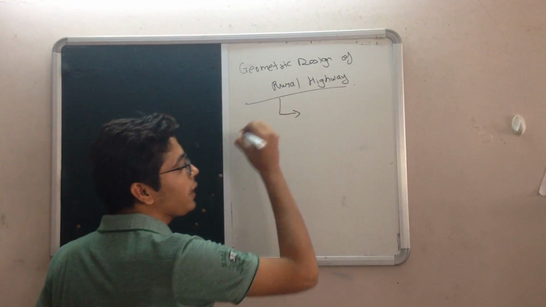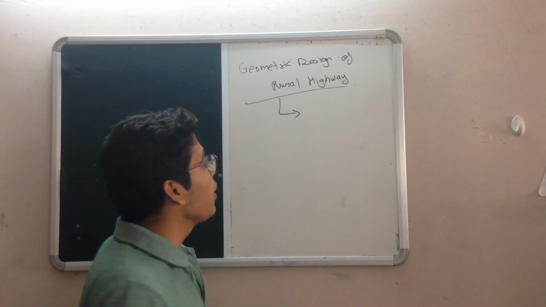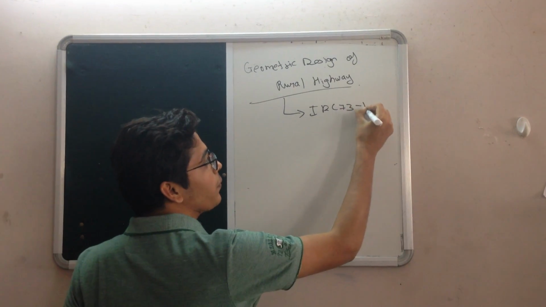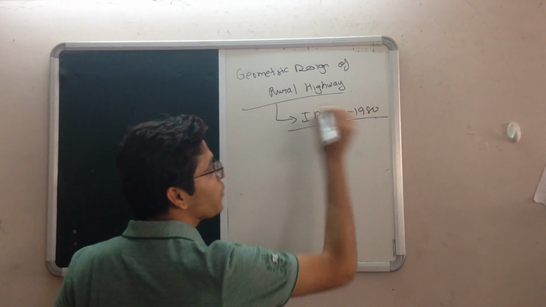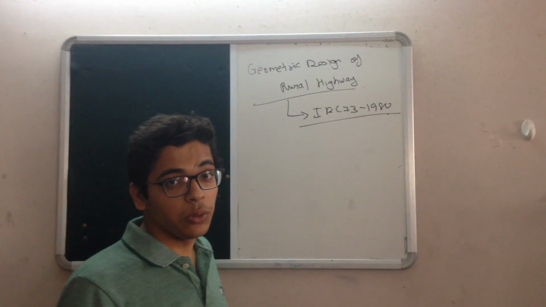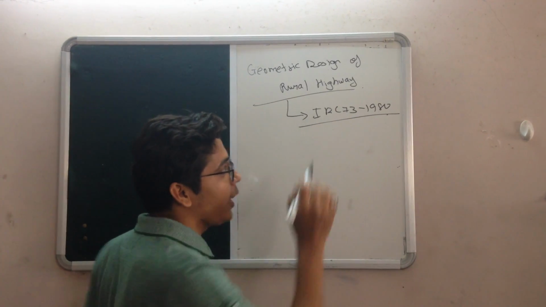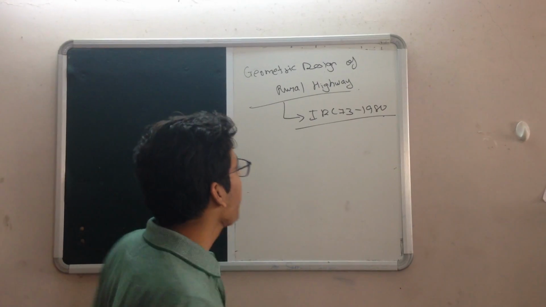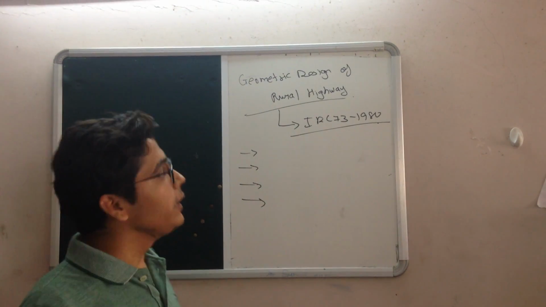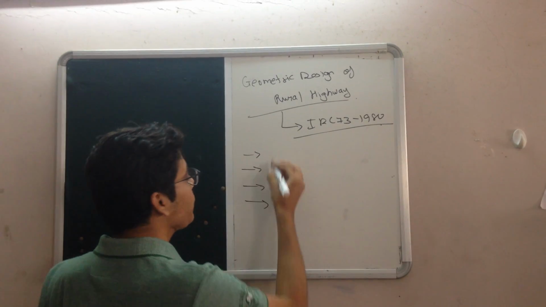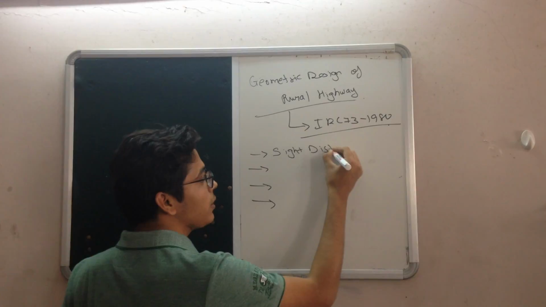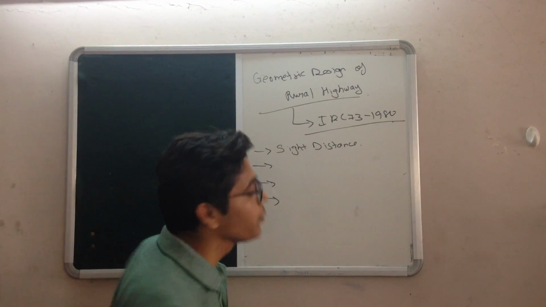The geometric design components are designed on the basis of IRC 73 1980. So all the parameters of the geometric design are to be taken into consideration on the basis of IRC 73 1980. The various components included in this geometric design are, the very first is sight distance.